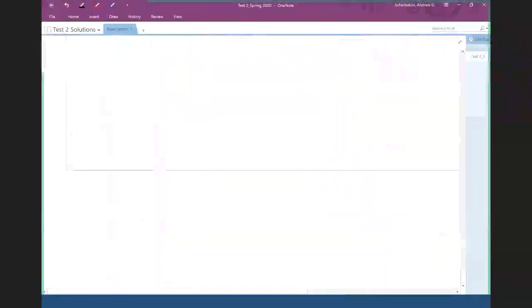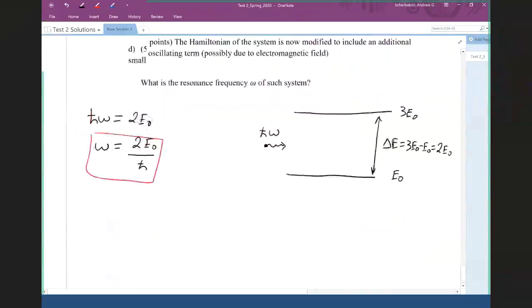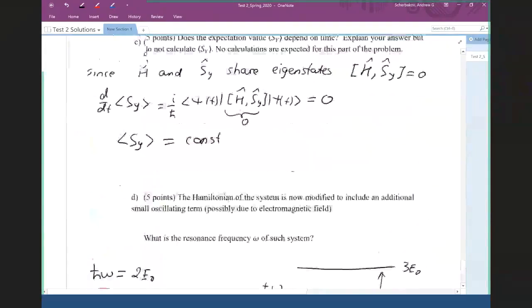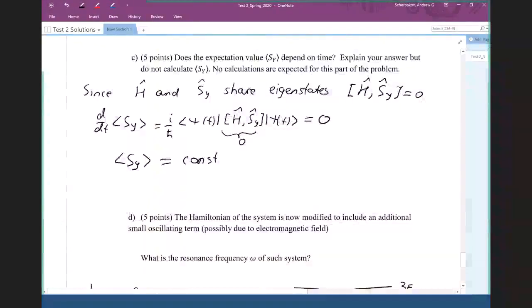Can I add a little bit to this? Sure. The way I understood it is that when you look at the Hamiltonian, you realize that it's proportional to a diagonal term plus a term which you recognize as the two-dimensional representation of Sy.